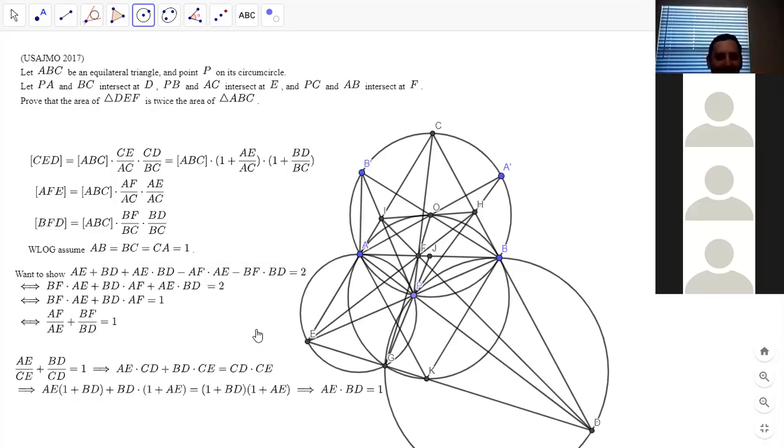All right. So AF over AE plus BF over BB. So if these ratios were equal, then they'd be similar, but they're not equal, they just add up to 1.